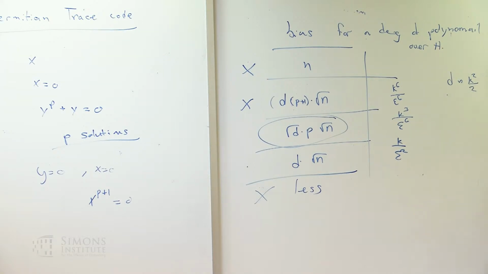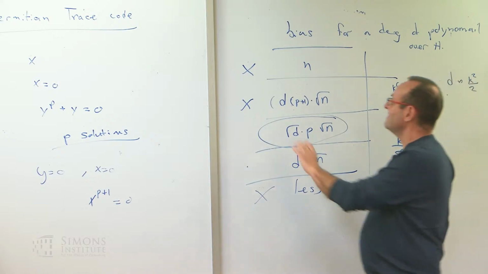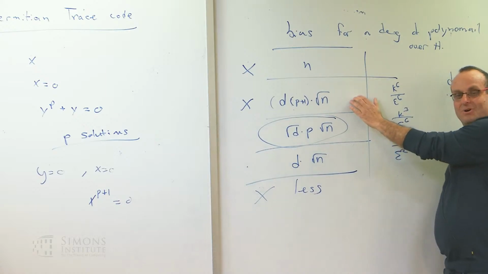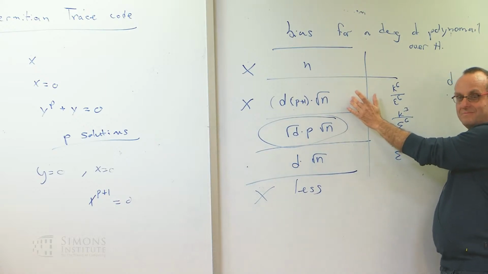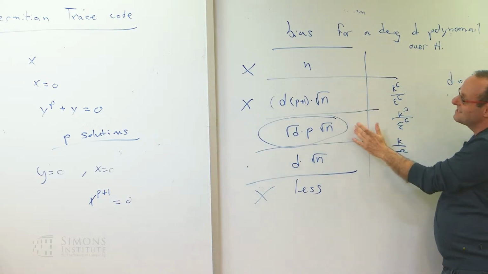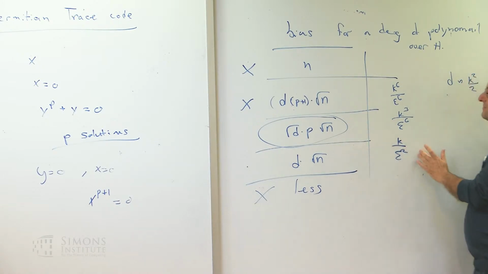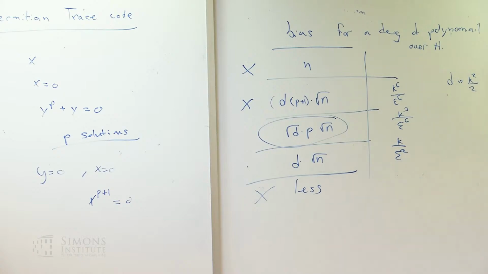I'll tell you more about it in a minute. But they didn't get much. So even that is more than what people knew before, and I think this is a surprise. This we don't know, but it's possible, and if it's true, then you get a binary code meeting the Gilbert-Varshamov bound up to constants. What's the intuition?